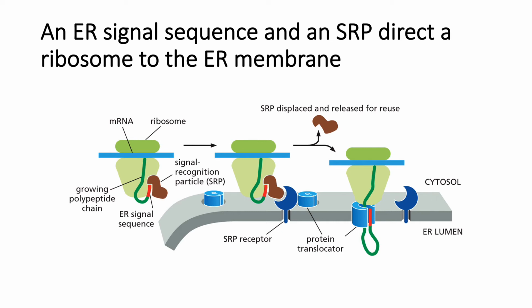That's shown towards the middle. There's kind of that dark blue, half moon type thing. So the SRP receptor binds to the SRP, the signal recognition particle, so it's brought that ribosome to the surface of the ER.